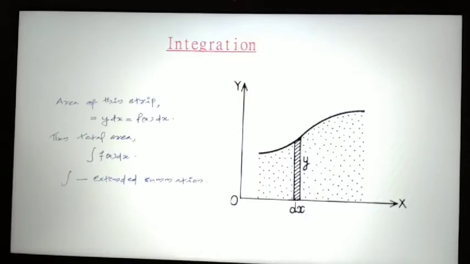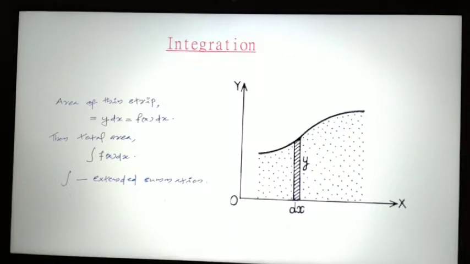See, the area of a thin strip will be y dx, which is equal to f of x dx. Then the total area will be the integral of f of x dx. So this is the integral sign. I already told you it is an extended S. If you write an S in the extended way, that is the integral sign.